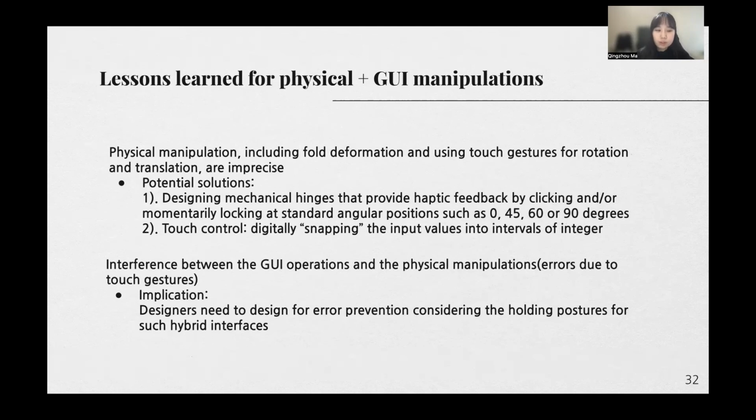And another issue found was that there is an interference between the GUI operations and the physical manipulations. So they are basically the errors due to touch gestures. So the implication for that is that designers might need to design for error prevention, considering the holding postures for such hybrid interfaces.